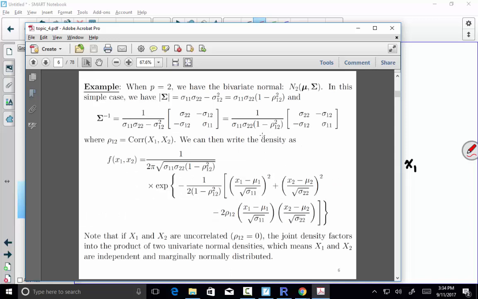So if you just apply what you know from the previous slide to a two-dimensional problem, mu is (mu1, mu2), the 2-vector. Sigma is a 2 by 2 matrix with sigma 1,1, sigma 1,2, sigma 2,1, sigma 2,2. And if you work that all through, you get this mess as the bivariate normal PDF.